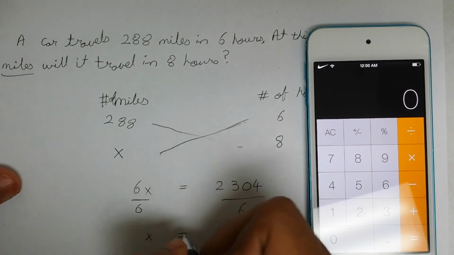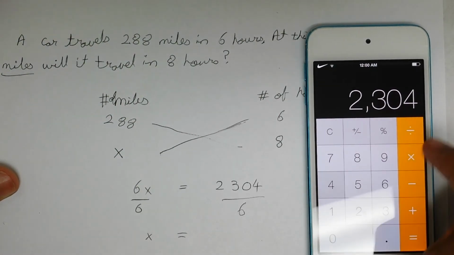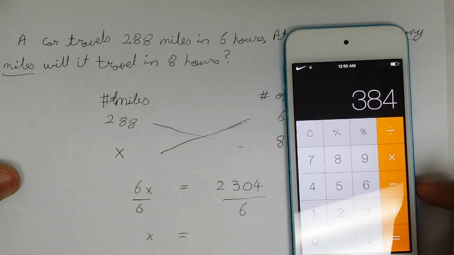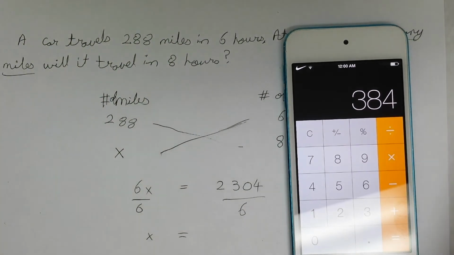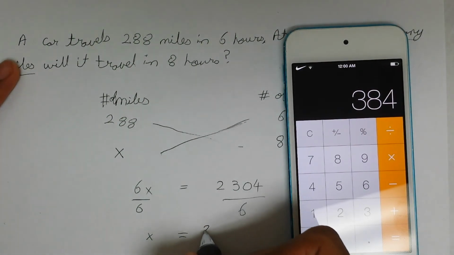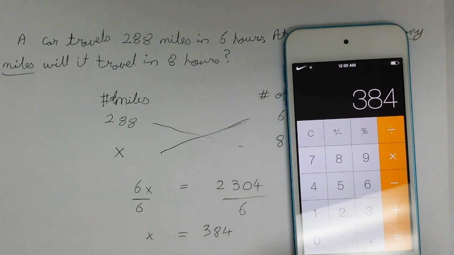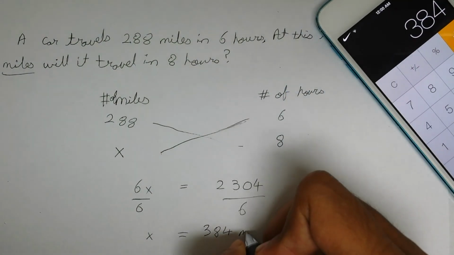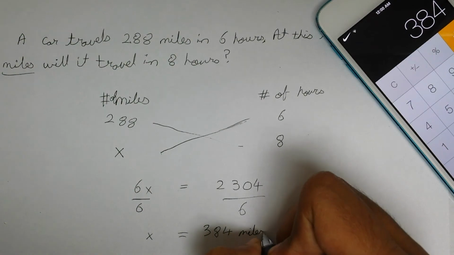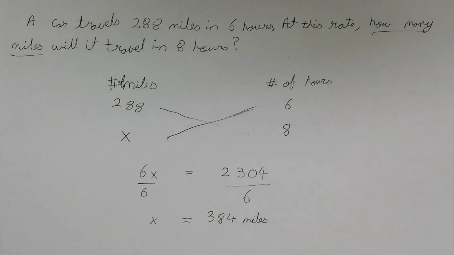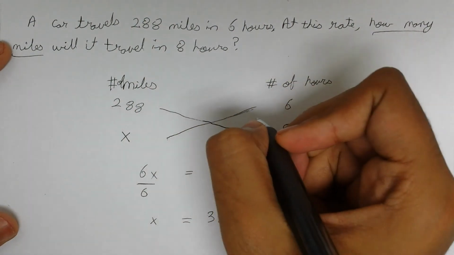So x would equal 2304 divided by 6, which is 384. That is how many miles it will travel in 8 hours. 384 miles. So this is my if sentence, and basically it's just another way of doing proportions.